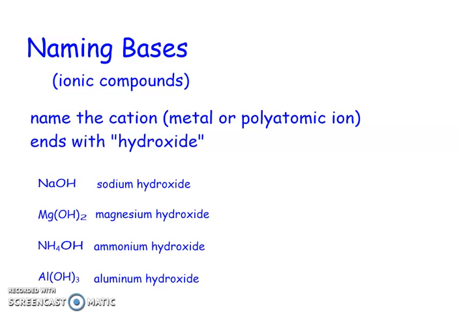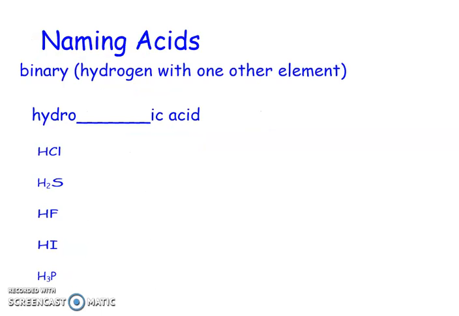With acids, it's a little bit more complicated because we need to identify really what's making up that acid. And there's kind of two different types. There's binary acids, which are hydrogen with just one other element. That doesn't necessarily mean that there's just two atoms in the binary, but there's only two elements.